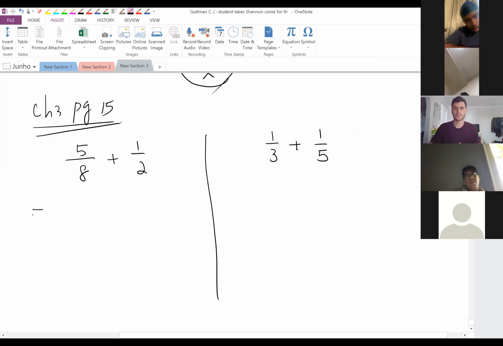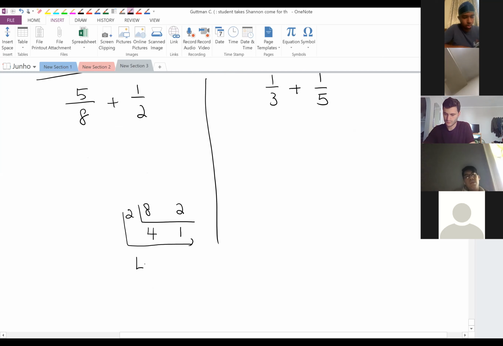In this case, we can rewrite this. First of all, 8 and 2 here, the common factor becomes 2, so it becomes 4 and 1. You multiply them, there will be 8. Okay, so the LCD becomes 8.